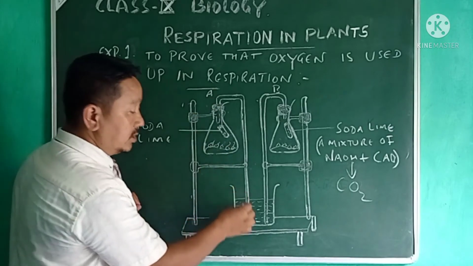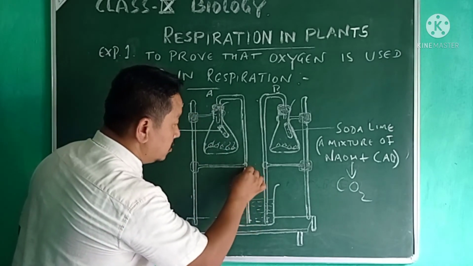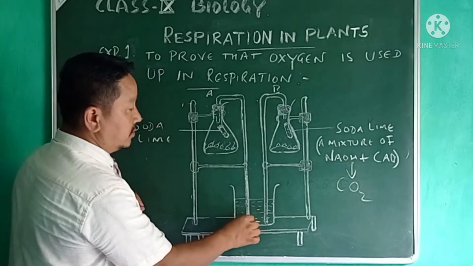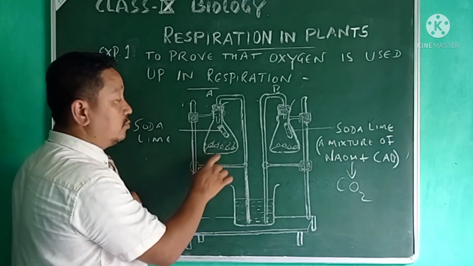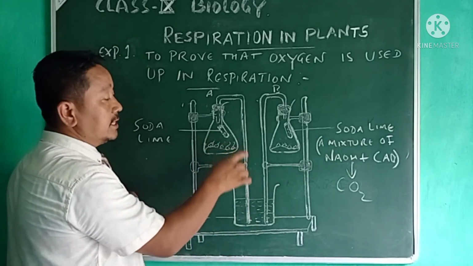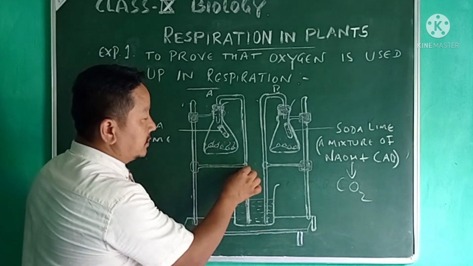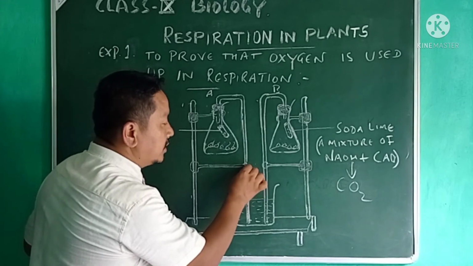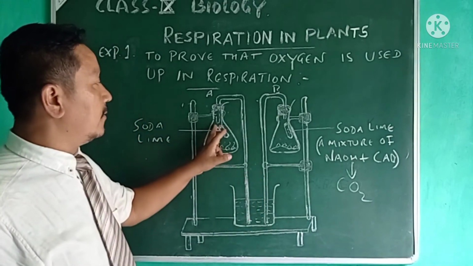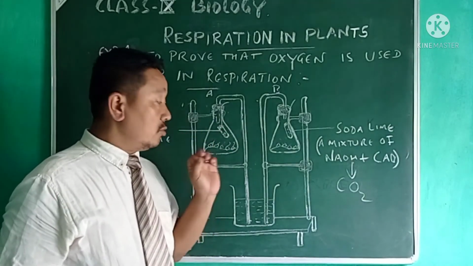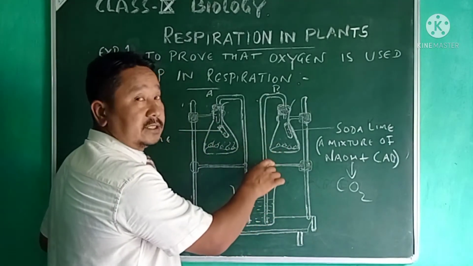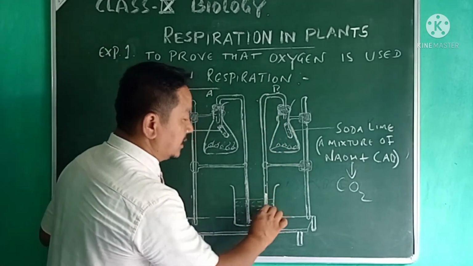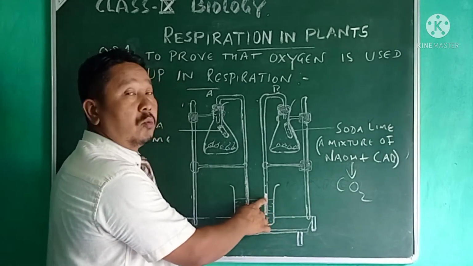In the meantime, you see the water level rising in the delivery tube coming out of flask A. The volume of oxygen used up here can be calculated by the rise of water in this delivery tube coming out of flask A. Whereas in the other case, the delivery tube coming out of flask B will not show any rise in the level of the water.